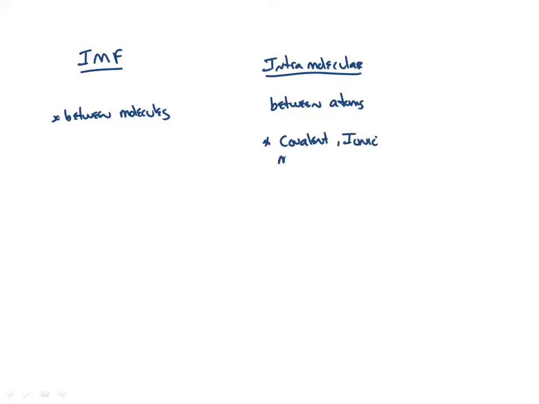Meaning if it's between a nonmetal and a nonmetal, and this is between a metal and a nonmetal. Remember, this is between molecules, so it's like this, right? And so this line here, that's a covalent bond. But the dotted line that I might draw to another water molecule, that's what we mean by an H bond.